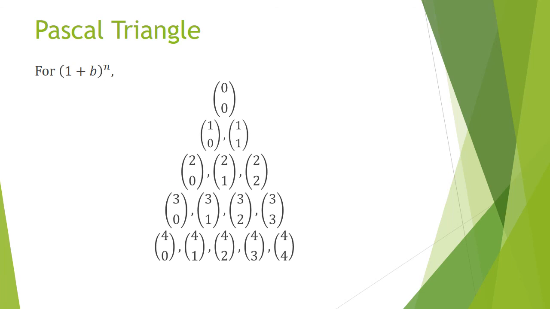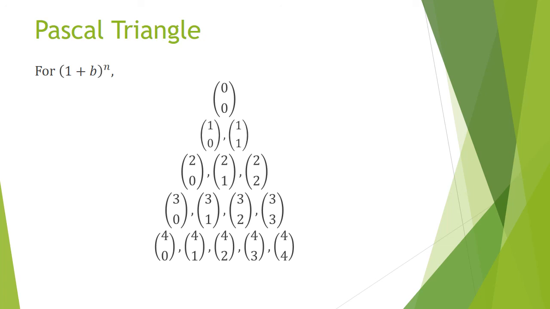And that means if I want to go to the 8th row, for example, I will have 8 choose 0, 8 choose 1, 8 choose 2, up to 8 choose 8. If I want the 100th row, just now we were talking about a plus b to the 100, then I can have 100 choose 0, 100 choose 1, 100 choose 2, 100 choose 3, and so on and so forth. And it saves us time. We no longer have to list down every row of the Pascal triangle to find out what the next row is.